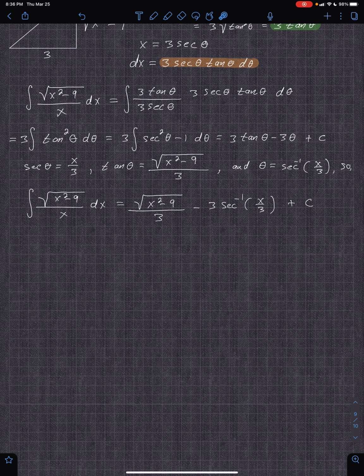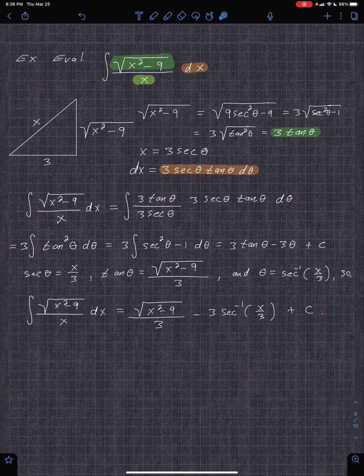I'm just substituting for tangent here, and then your theta was isolated as well. So I just took this and solved for theta, and then now I substitute it back into there. So you're taking it out of x into the trig stuff, and then you're putting it back into the x, if you want to think of it like that.